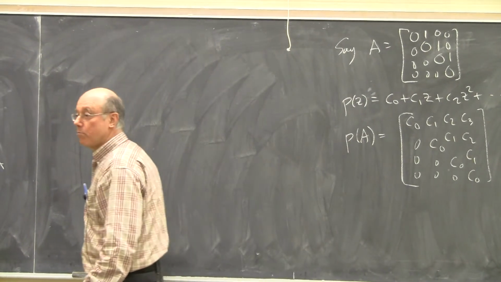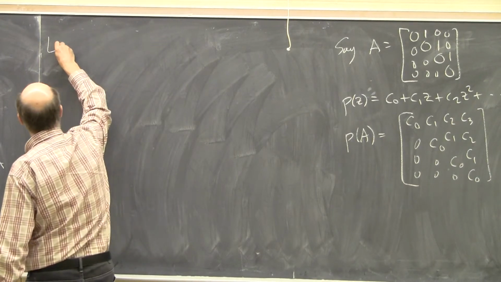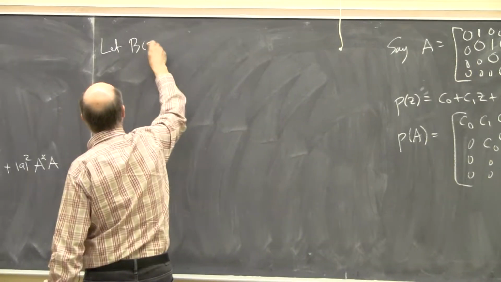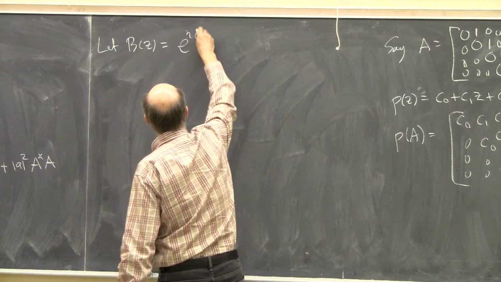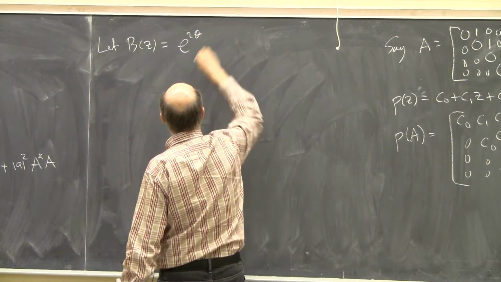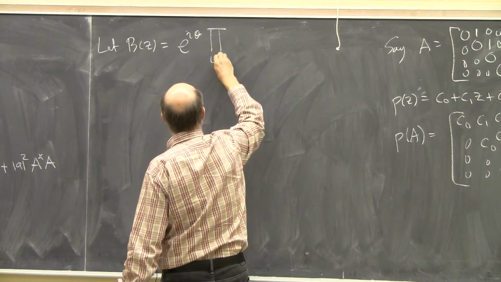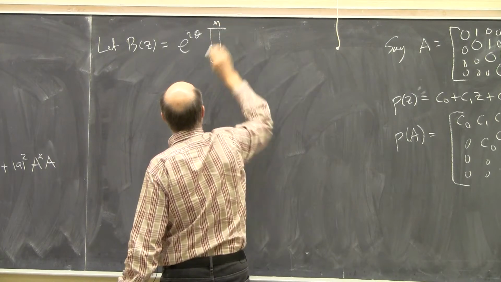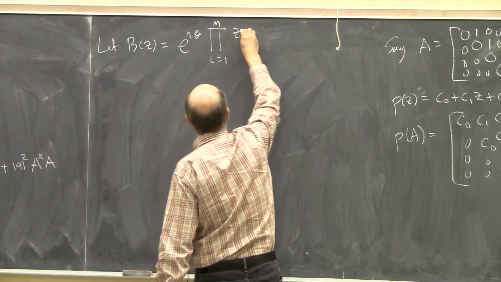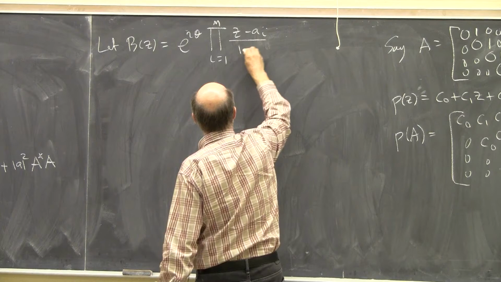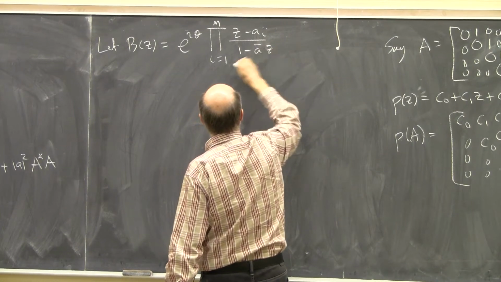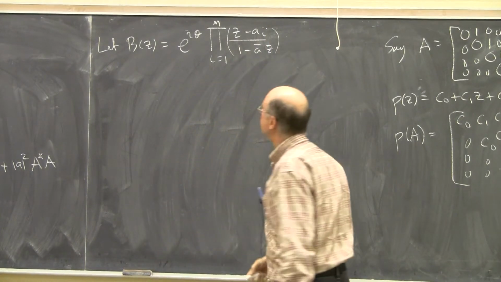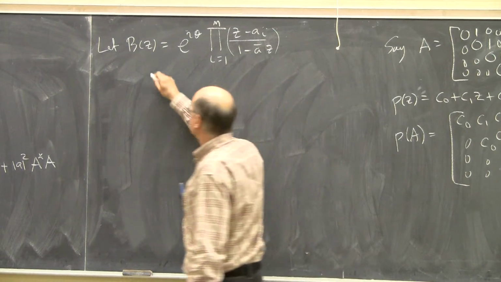But now we can multiply a bunch of them together. e to the i theta times this product, i equals 1 to m, say, of (z minus a_i) over (1 minus a_i bar z). This is called a finite Blaschke product.